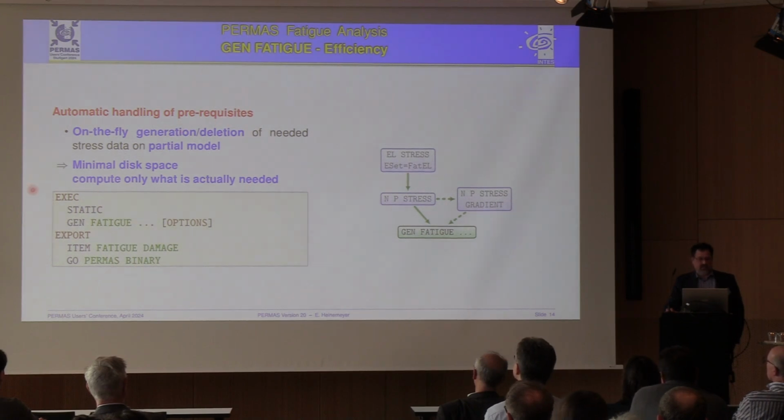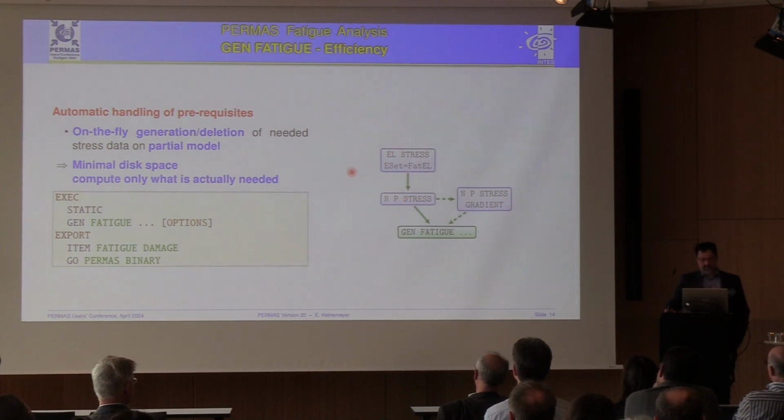You see down here in the example, again, you do a static analysis followed by the generate fatigue command, and then afterwards you can directly export your damage. The fatigue command by itself takes care to compute the nodal point stresses or the nodal point stress gradient if you require them. And this, in turn, may depend on first computing the element stresses.